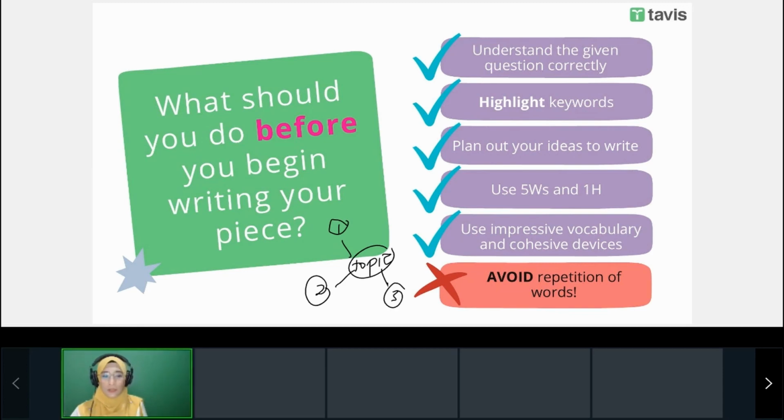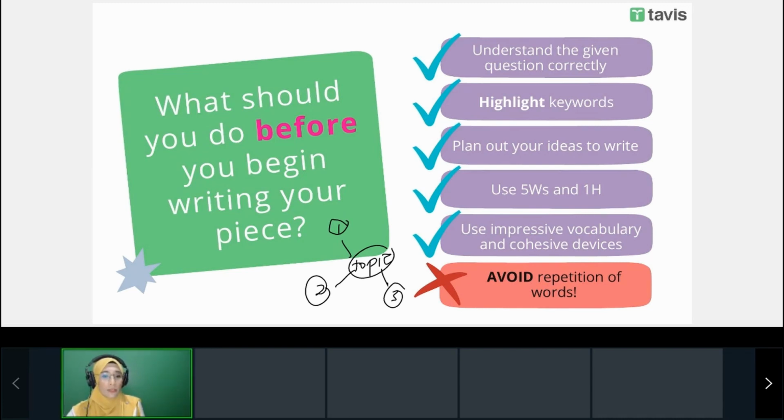Although it doesn't look like a spider, it's considered your plan for writing, your brainstorming of your ideas.